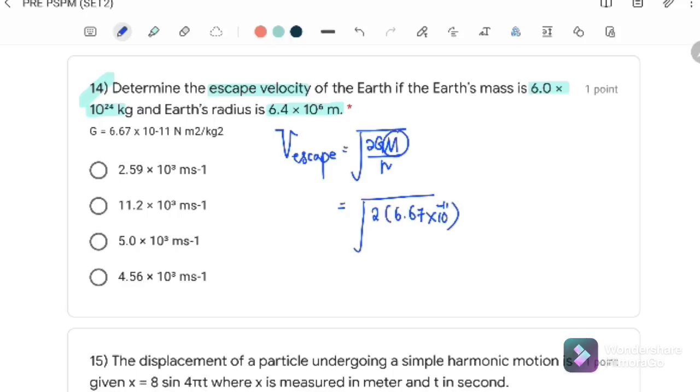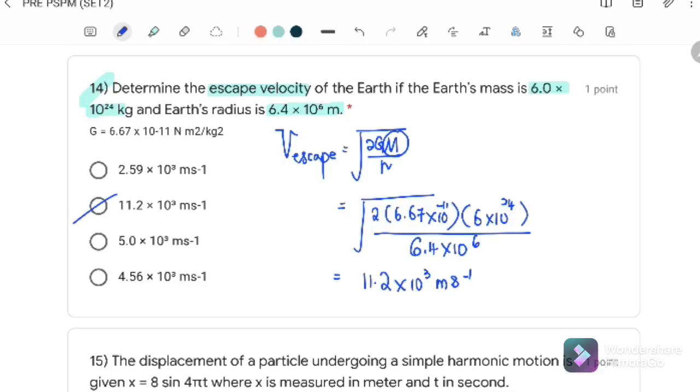M here refers to the mass of the Earth, not the rocket, so we substitute 6 exponent positive 24. Because the question mentions escaping from the surface, we must take the radius of the Earth, 6.4 exponent 6. Therefore, the final answer for the escape velocity is 11.2 exponent 3 meter per second. So the answer is B.